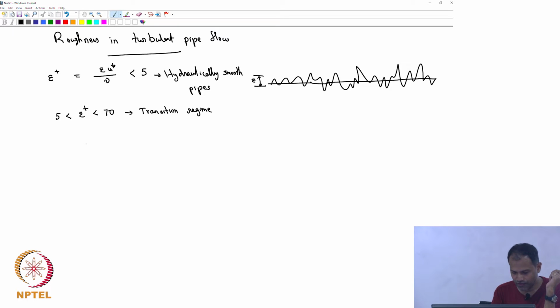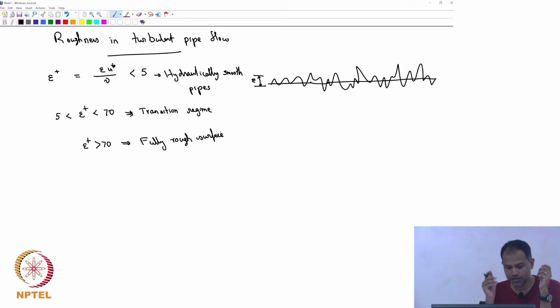If epsilon plus is greater than 70, then we call it a fully rough surface. Epsilon plus greater than 70 means the wall layer thickness is much smaller than the roughness itself.